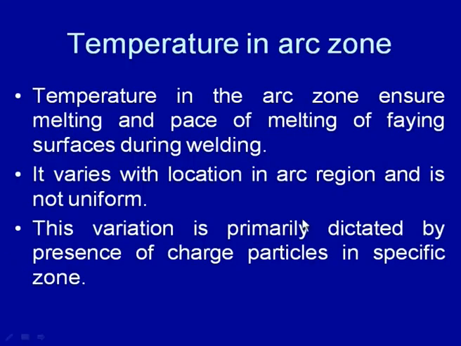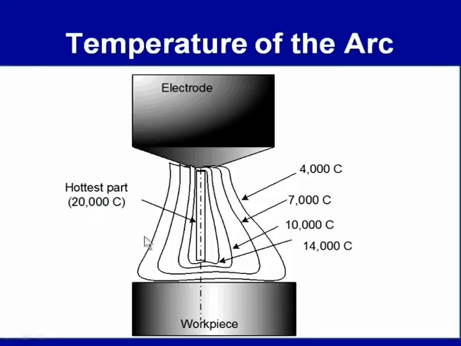Further, this temperature in the arc zone also varies with the location and is not uniform. It varies axially and radially both. The variation is primarily dictated by the presence of the charged particles in the specific zone. If you see the next diagram here, this is the electrode tip, say the cathode spot is here and the arc is established.